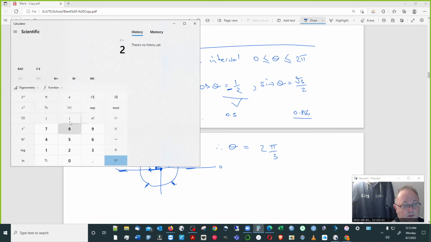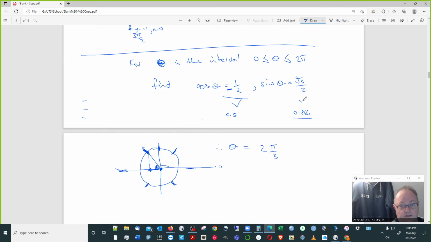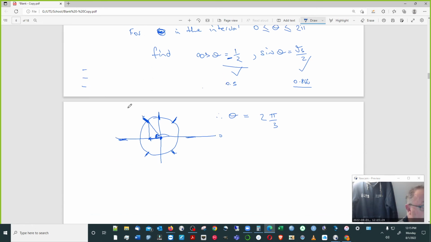Two times pi divided by 3, sine, 0.866. Tick. Okay. Now, in a way, the calculator is redundant because you can do these in your head.